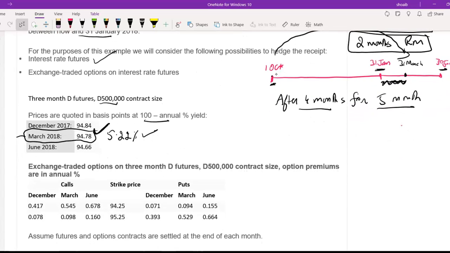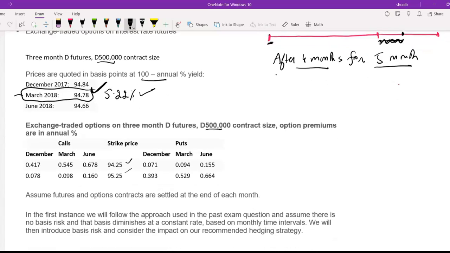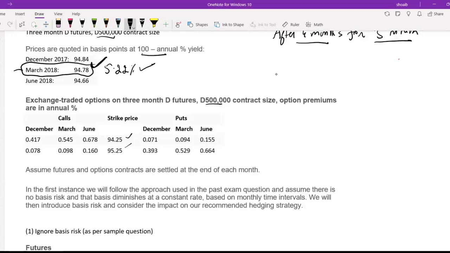Exchange traded options are given. Contract size, premium, and the strike prices are given. Call and put options are given. Assume future and option contracts are settled at the end of each month. In the first instance, we will follow the approach used in past exam questions and assume there is no basis risk.